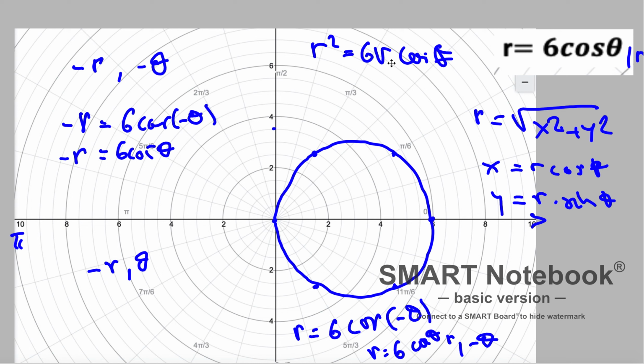Now it's easy to plug in: x squared plus y squared equals 6x. Then we can manipulate the equation and find the standard form of the equation of the circle. But I'm stopping here.